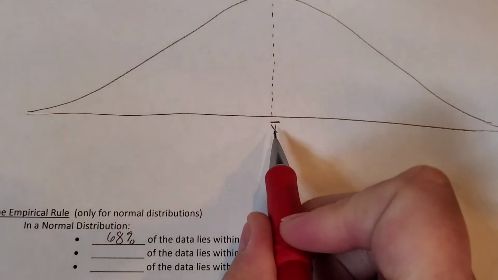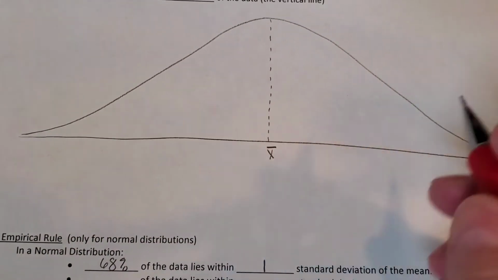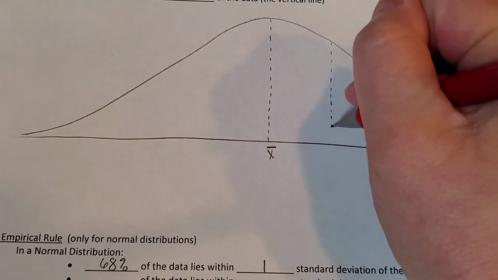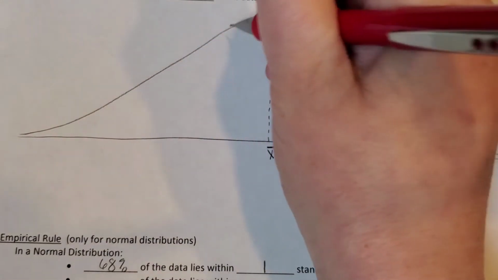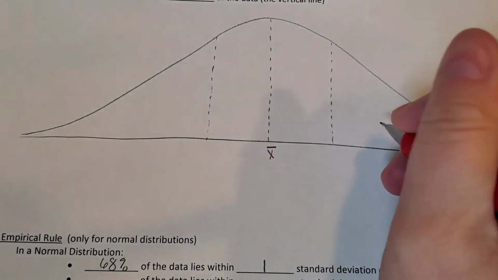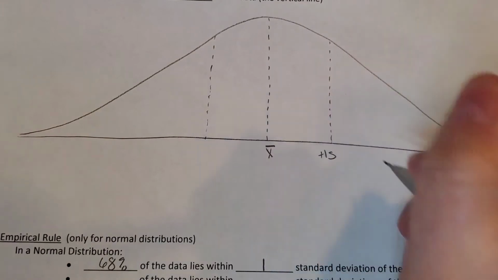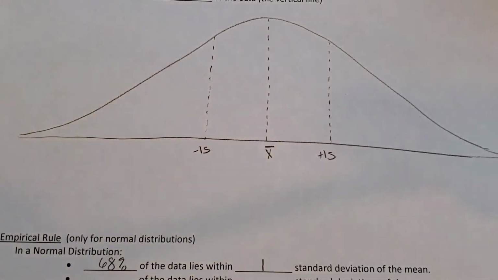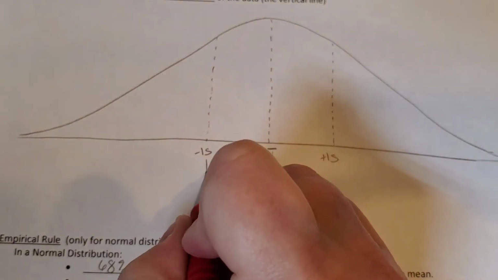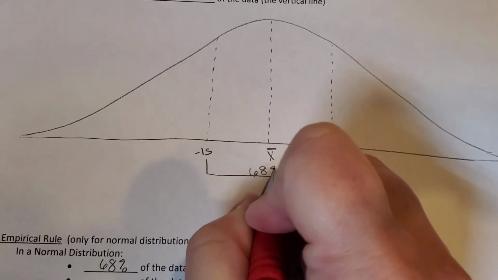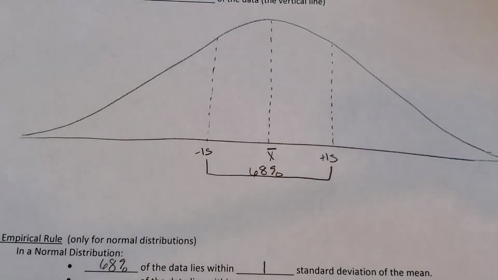So here's the mean. Within one standard deviation above and below the mean, on either side, this is plus 1s and this is minus 1s from the mean. That tells us between here and here, we have 68% of our data.